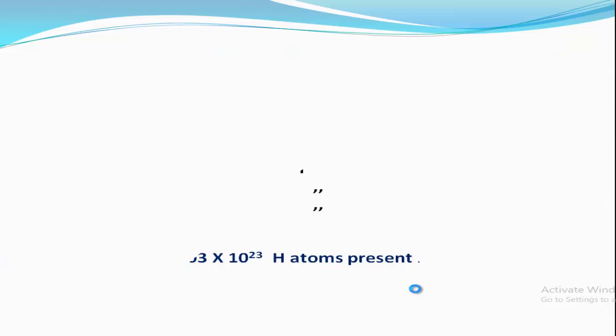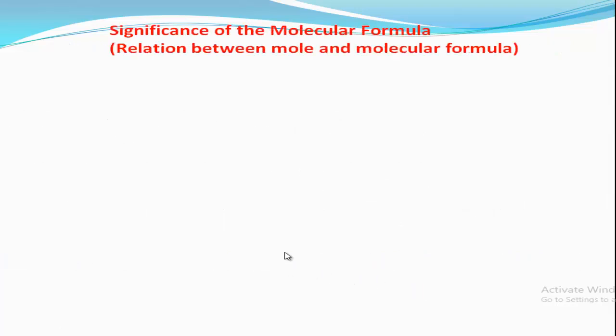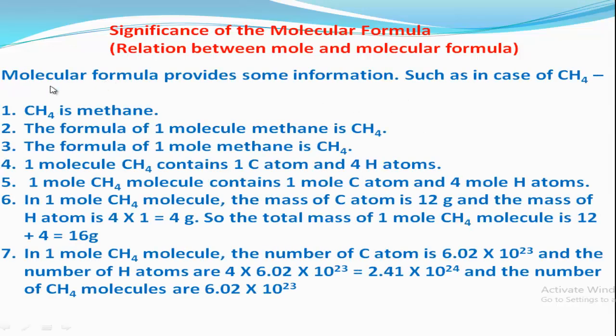Now I will discuss a different thing, and that is the significance of the molecular formula. That means the relation between mole and molecular formula, how the mole plays an important role in the molecular formula. Actually, a molecular formula provides some information, such as in the case of CH4, what information we will get from this formula.